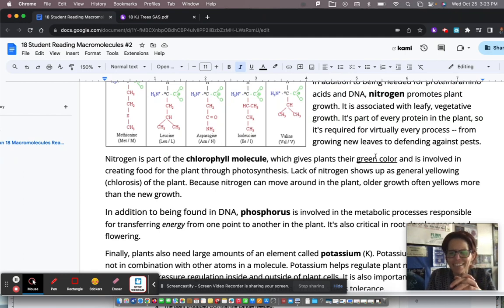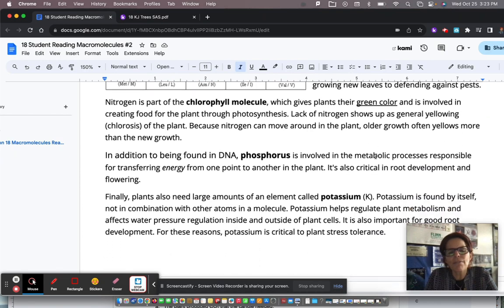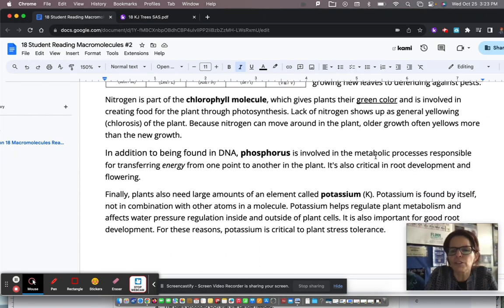Lack of nitrogen, if it's missing, shows up as general yellowing or chlorosis of the plant. The plant looks yellow. That's interesting. So yellow plants are low in nitrogen? Because nitrogen can move around in the plant, older growth often yellows more than the new growth. Interesting. So the nitrogen just moves to a new location. In addition to being found in DNA, phosphorus is involved in the metabolic processes responsible for transferring energy.